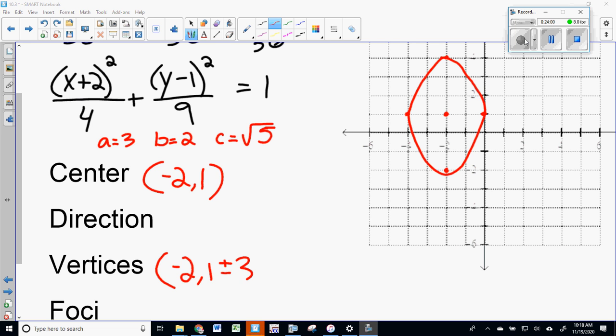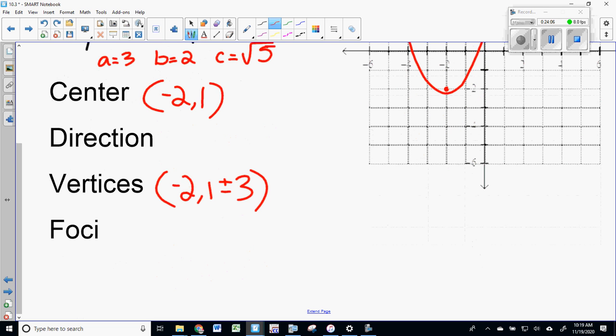You want to slide it up? Does it help you? Oh, yeah, that's so much better. Perfect.